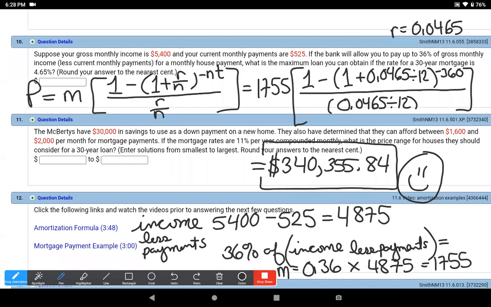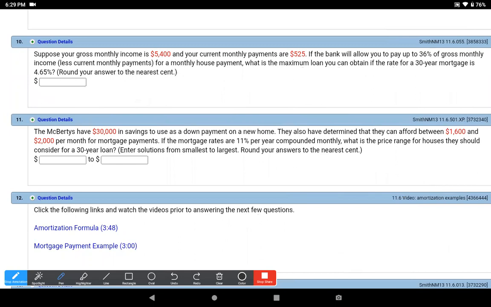Okay, now let's see what we have going on for number 11, because that was challenging. I thought we were almost to the end, and then they started throwing like curveballs at us. So number 11, let me cross 10 off my list. Number 11, the McBirdies have $30,000 in savings to use as a down payment on a new home.